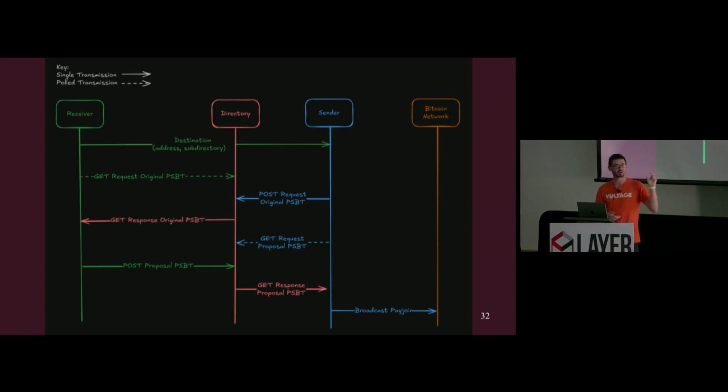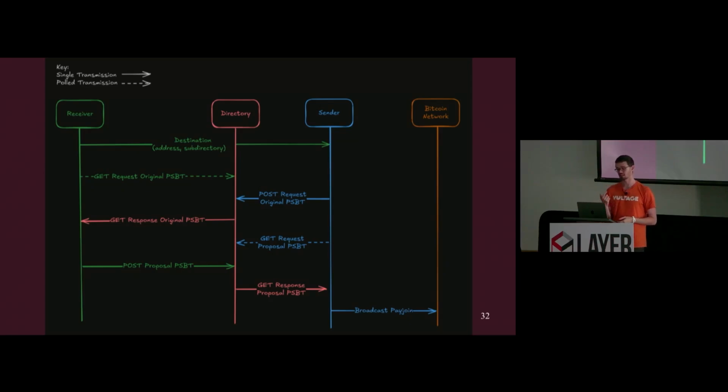So now they say which subdirectory on the Payjoin directory is going to be used for this Payjoin transaction. So they send that to the sender. In the meantime, the receiver starts polling. So the receiver does long polling GET requests, waiting for the original PSBT to be put in the mailbox, so to speak.